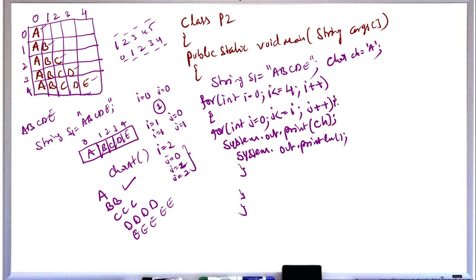Open the bracket, and here you give ch plus plus, and close, semicolon, and close. By doing this small change, you are able to print the pattern a b c d e f g h i j k l m n o.